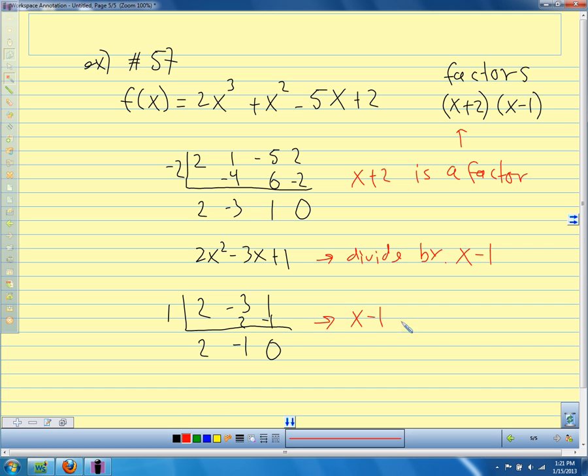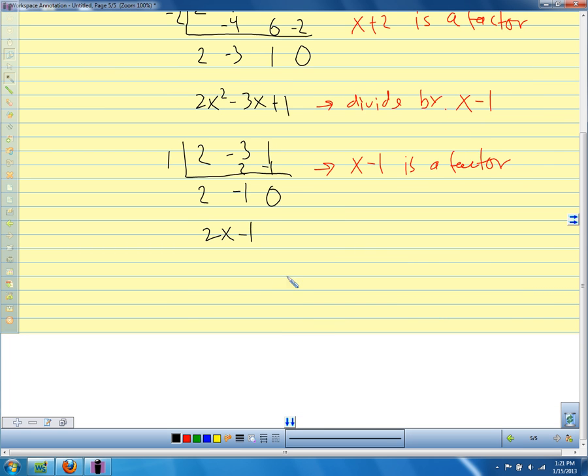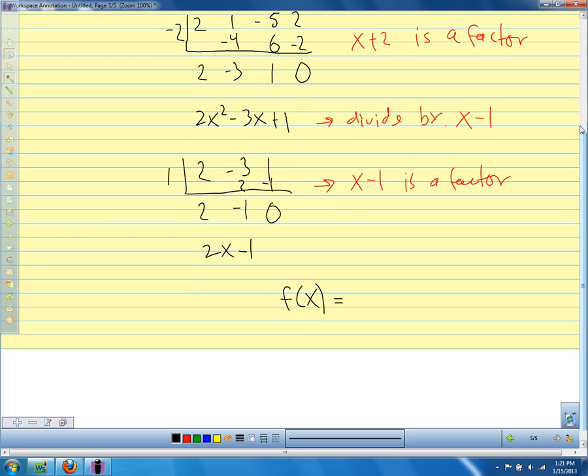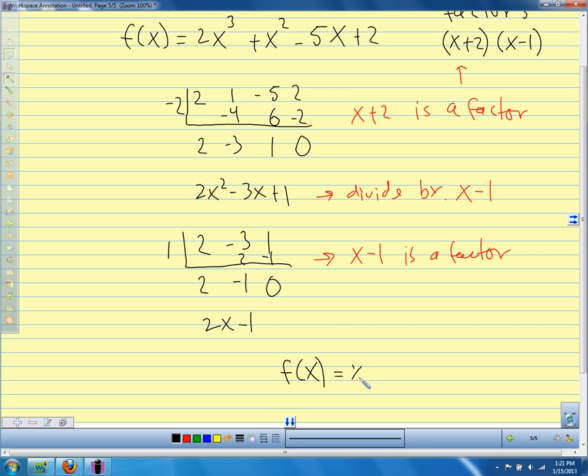So x minus 1 is a factor. And I'm left with 2x minus 1. So my factorization is f of x equals x plus 2 times x minus 1 times 2x minus 1.